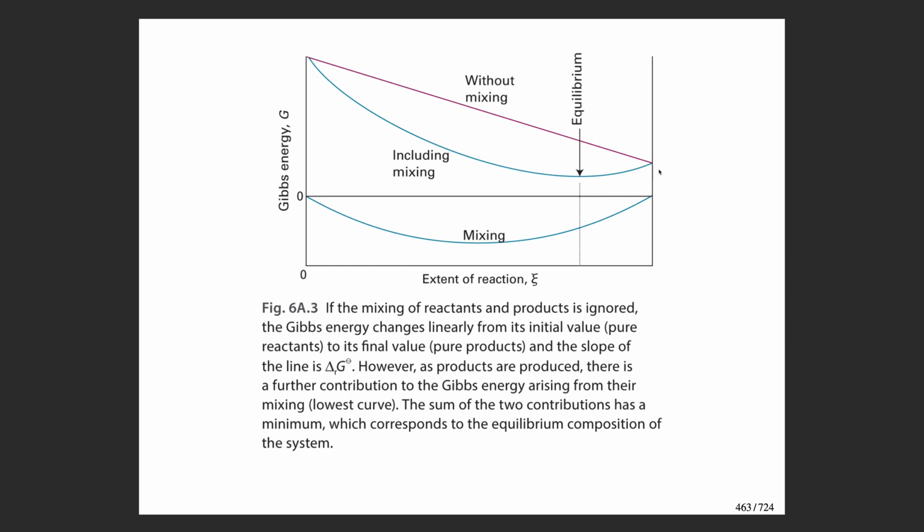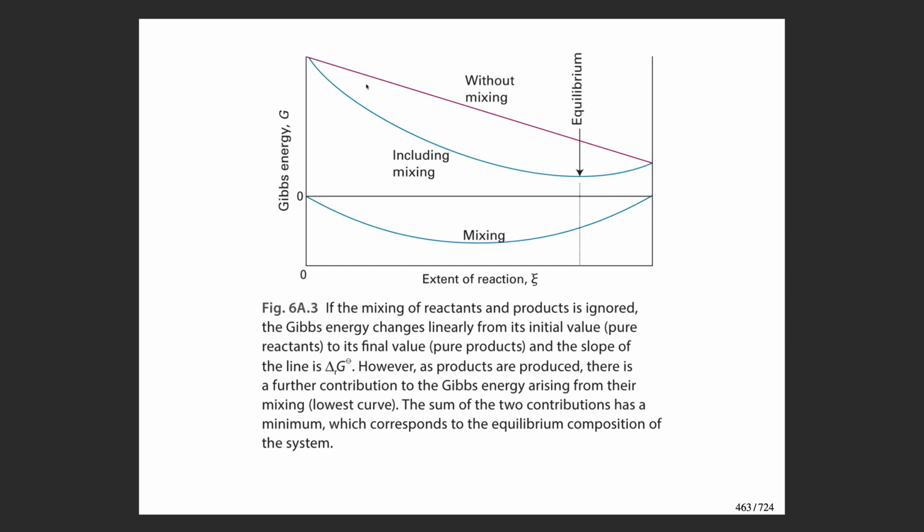So this is taken to be what the Gibbs energy curve would look like if you didn't think about the following fact, that as the reactants are forming, they are also mixing with the products that are being formed.